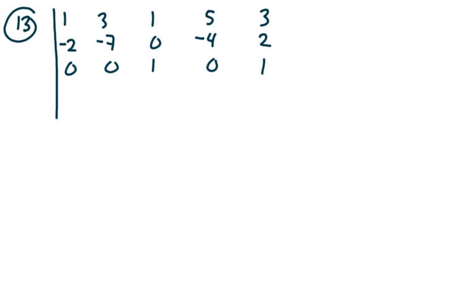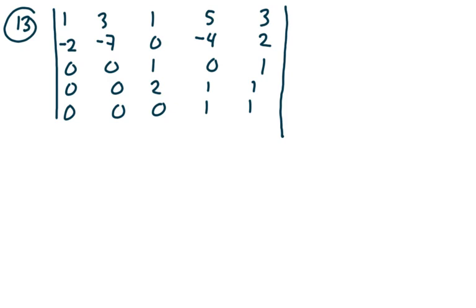And then we get 0, 0, 2, 1, 1 for the fourth row. And then we get 0, 0, 0, 1, 1 for the fifth row. Like this.